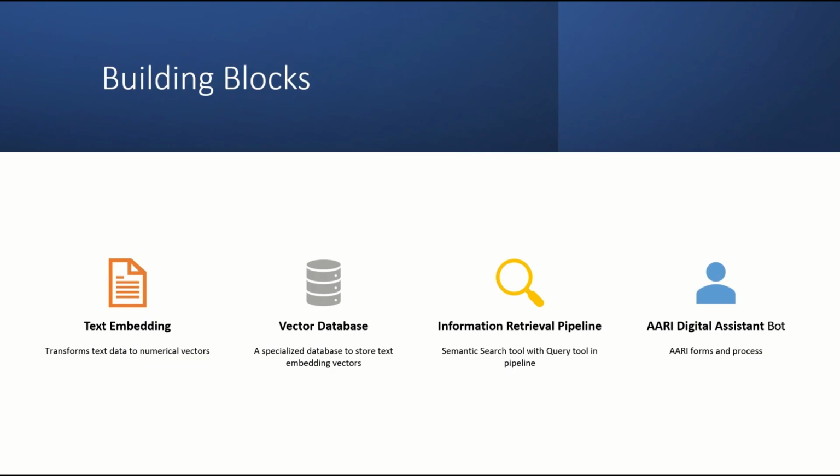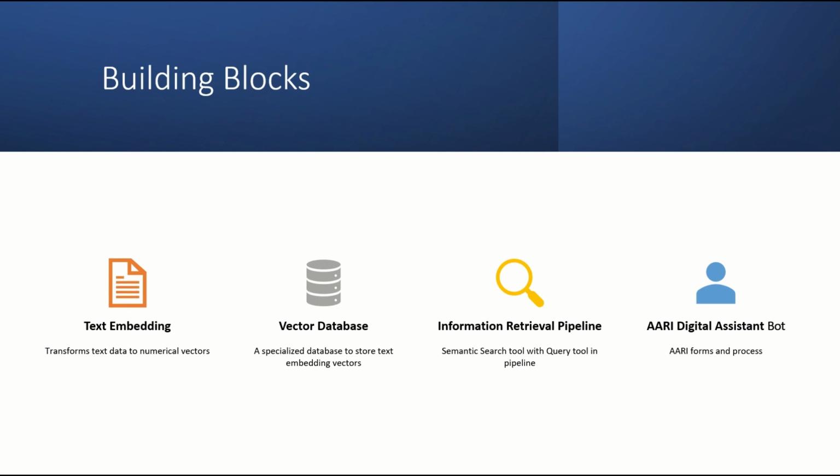Now let's break down the building blocks for our information retrieval pipeline. The first building block is text embedding. This step transforms the text into numerical vectors in a way that captures the semantic relationship between words and documents. Essentially, it helps machines understand and process textual information more effectively. We are going to use OpenAI to generate the text embedding vectors.